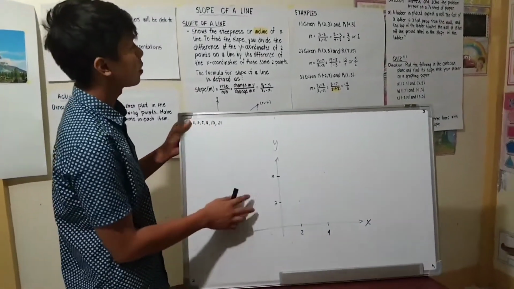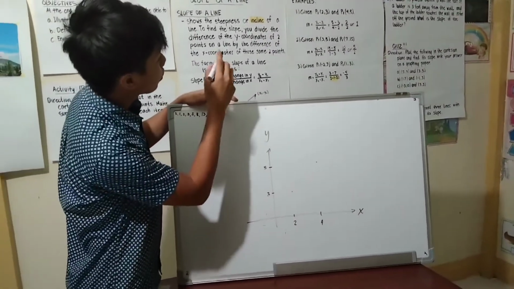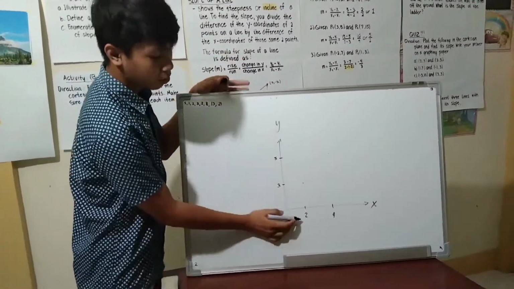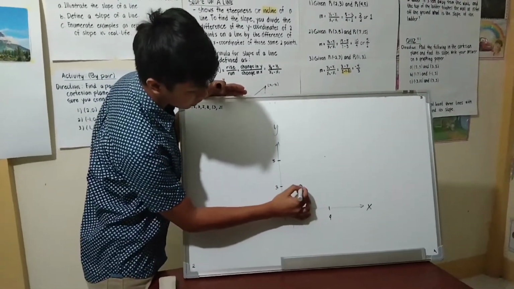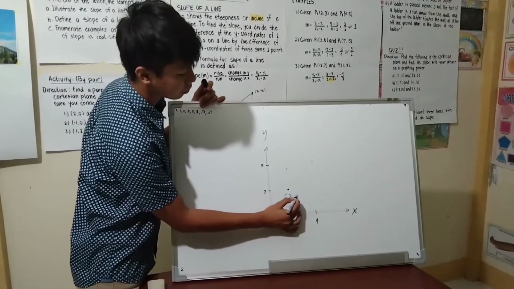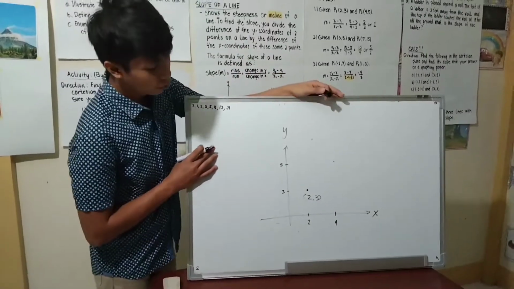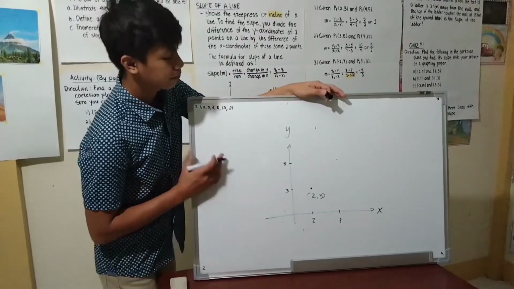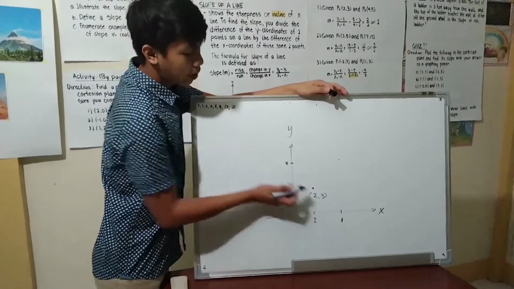So, to graph the given points, the first point is (2, 3). So, therefore, this is point (2, 3). Now, the second point is (4, 5). The x is 4, y is 5.